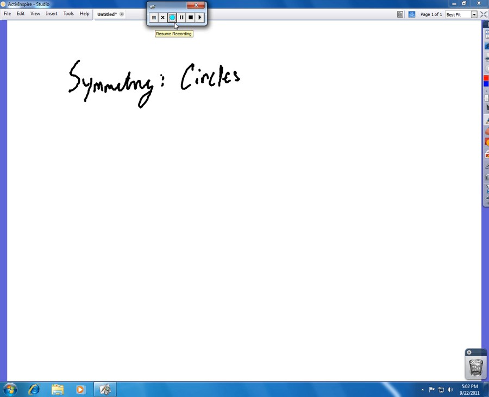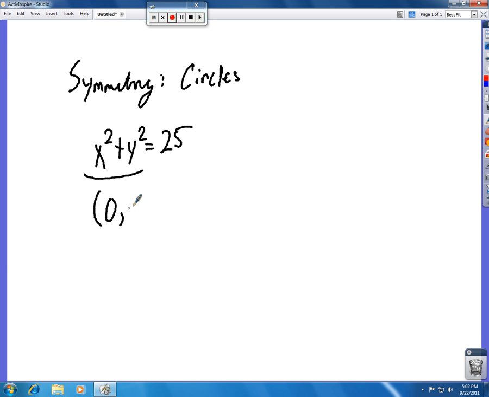Okay, one more example, kind of a trick question. x squared plus y squared equals, say, 25. Well, from the previous sections, we know what this is going to look like. We know because it's x squared plus y squared that our center point is going to be at the origin. And we also know our radius is going to be the square root of 25, which is 5.